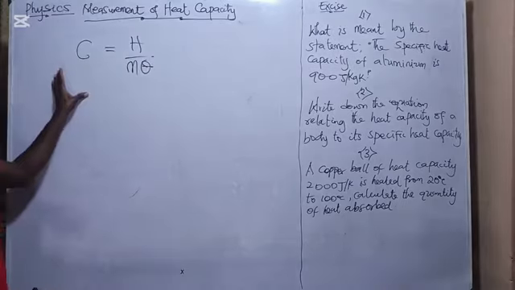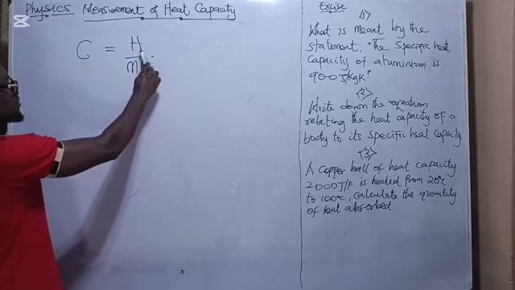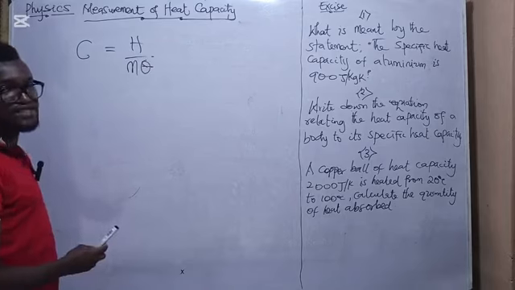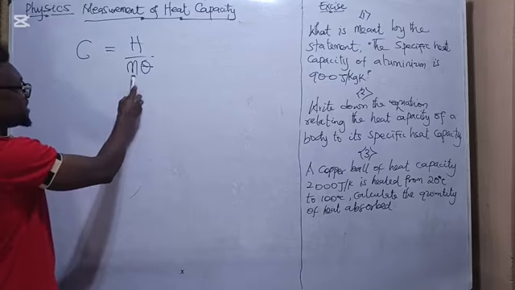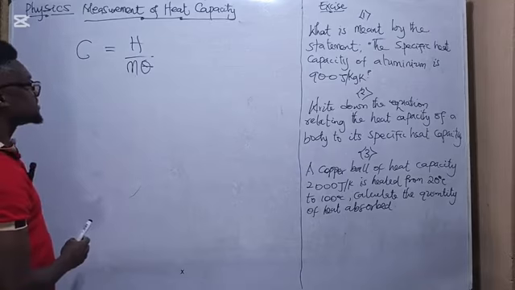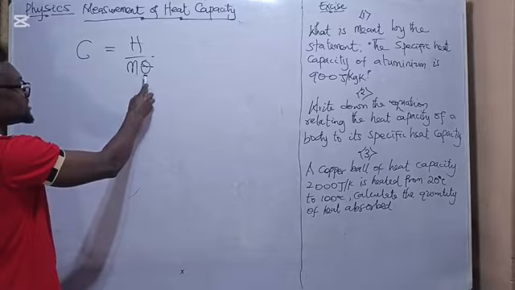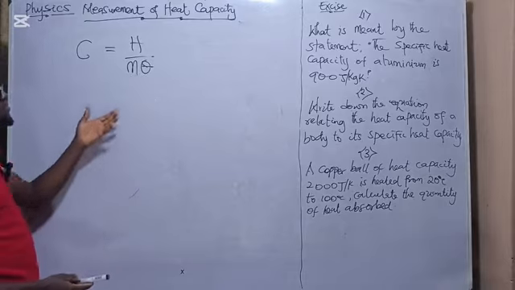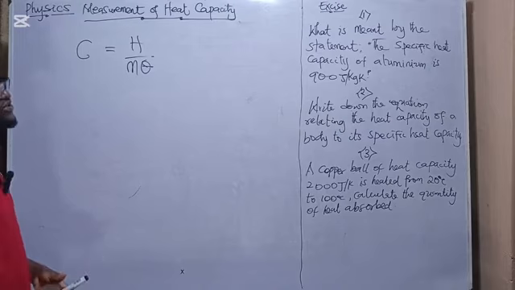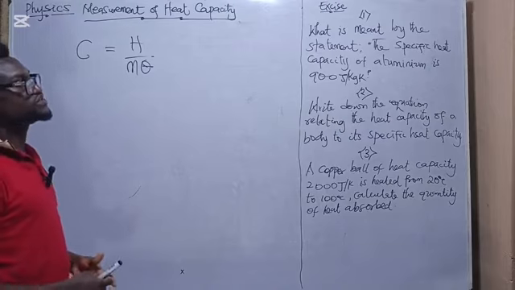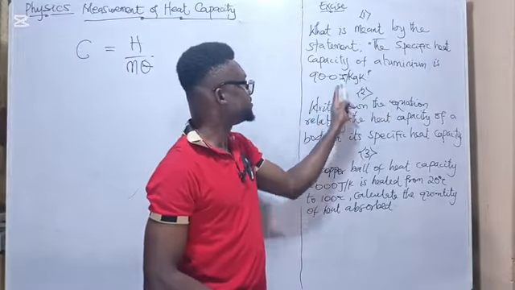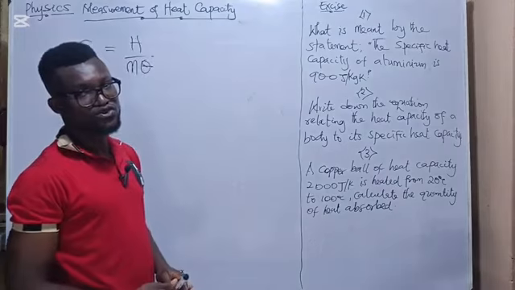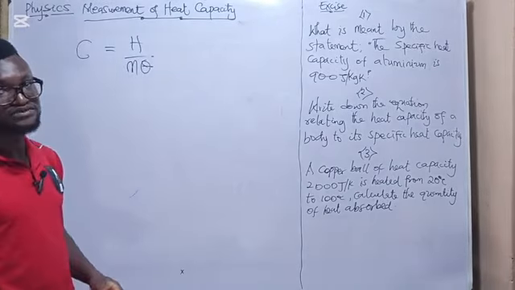Having this as the formula of specific heat capacity, where H is the quantity of heat required to raise the temperature, M is the unit mass, and theta is the temperature change. Now from this we can deduce the answer to the question: the specific heat capacity of aluminium is 900 joule per kilogram per Kelvin. Explain.